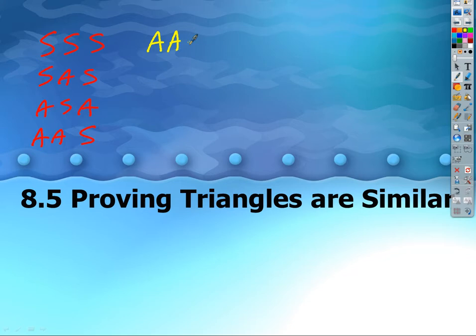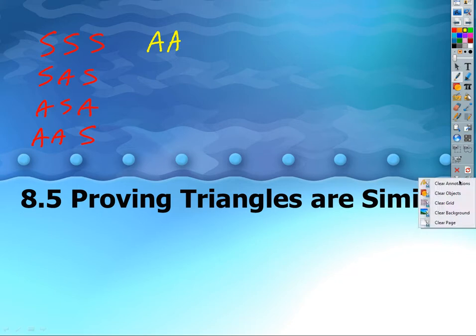And the reason we knew that, remember, was because if two of the three angles are congruent, triangle angles all add up to 180, so the third angles must also be congruent. And if all the angles in any figure are congruent to all the angles in another figure, then they have to just be scale versions of each other, so they have to be similar, right? So that's what we had earlier in the week.